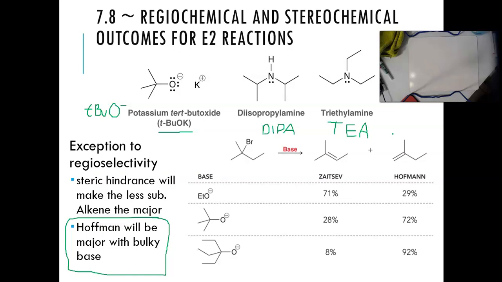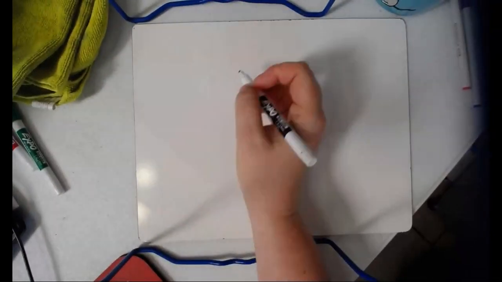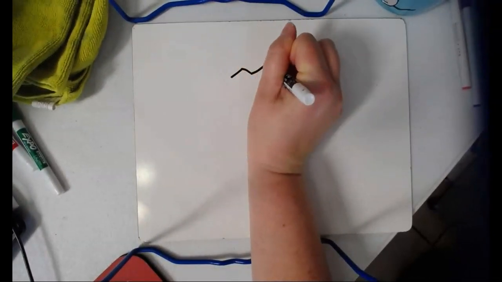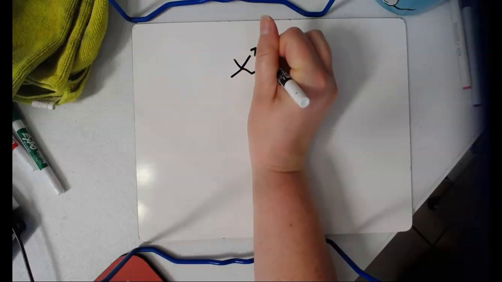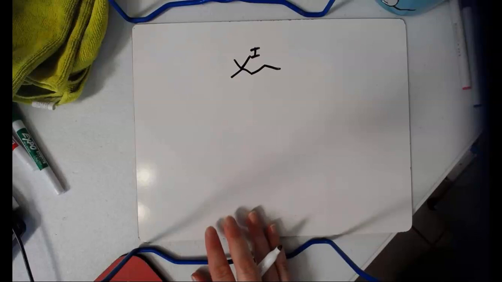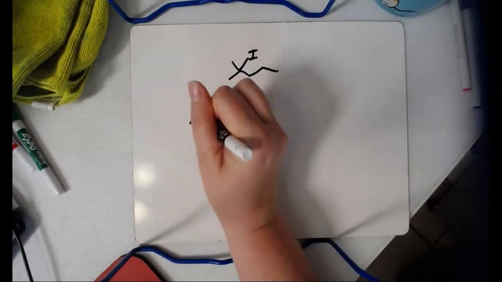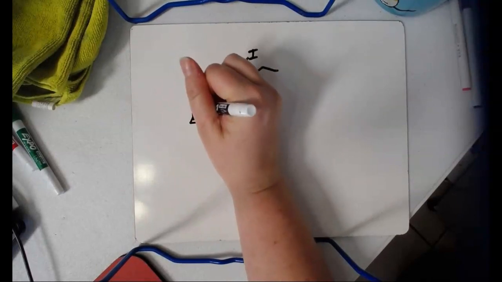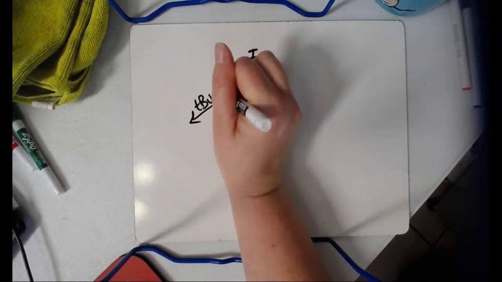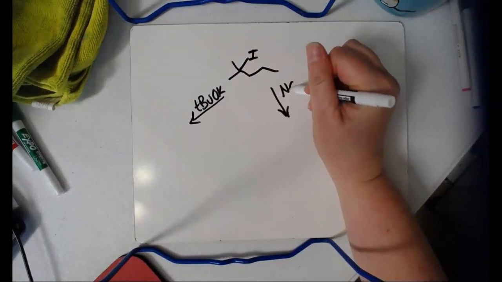All right, so we've looked at the Hofmann. We're going to do a couple practice problems with this. We're going to start with this structure. We have a pentane that has a methyl substituent and an iodine substituent, and we are going to react it with two different bases, a tert-butoxide and a sodium hydroxide.